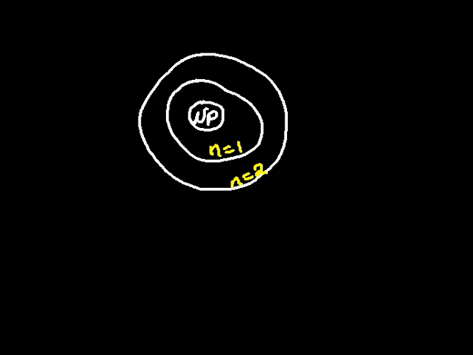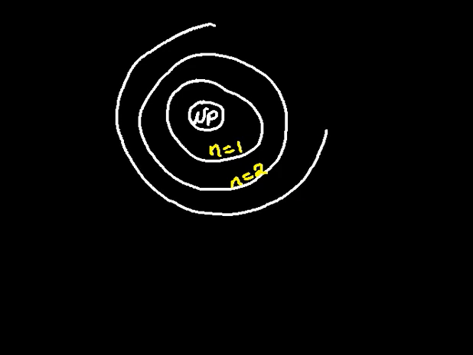Let's say that is the case. And let me have another energy level, let's say energy level 3. And of course, we may also have the energy level 4, 5, and so on.